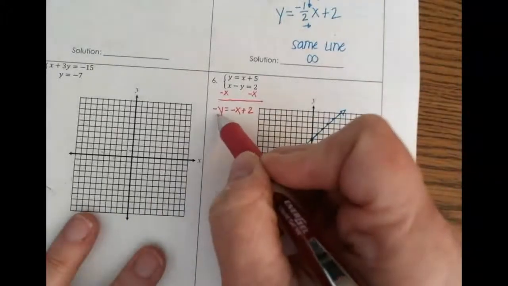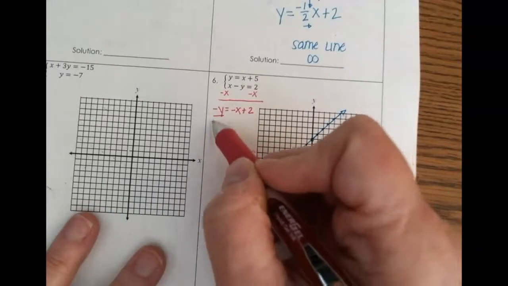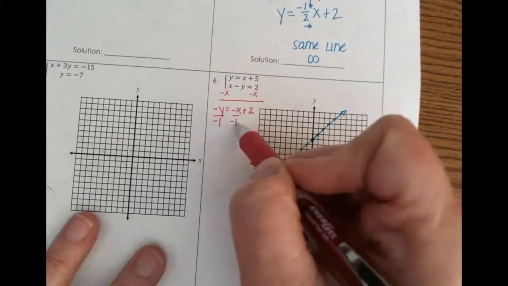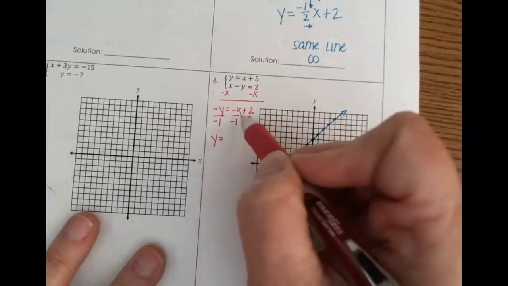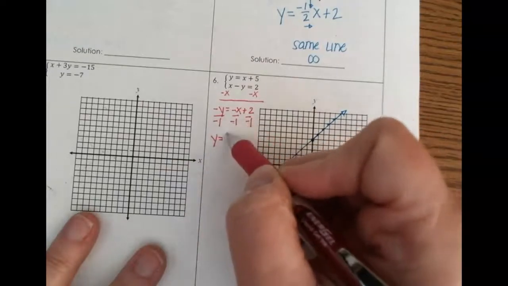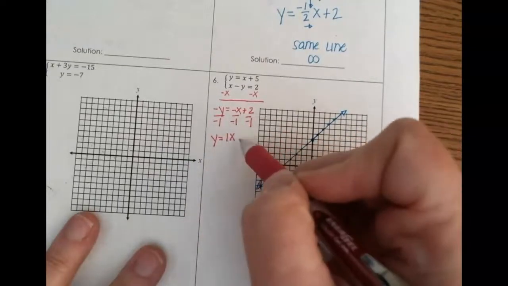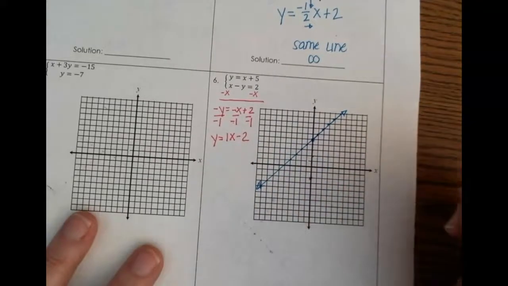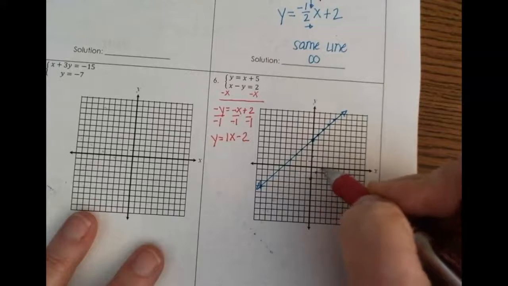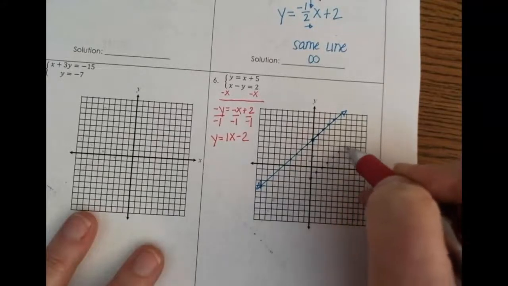Okay, I don't want -y. There's really a -1 in front, so I'm going to divide each term by -1 to get y alone. And I have y equals 1x minus 2. So I'm going to start off at -2, but I have a slope of +1, which is up 1, right 1, up 1, right 1.